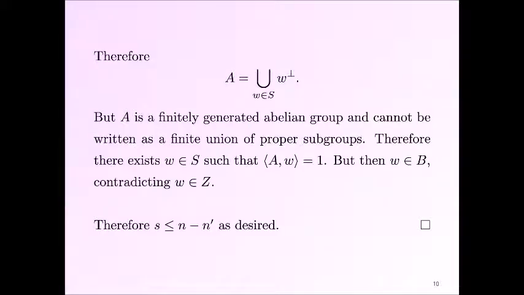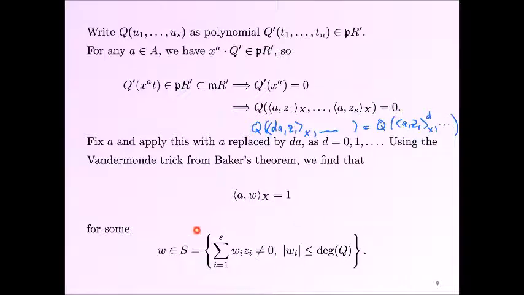Okay, so this was true for any little a and capital A. What we've shown is that for this fixed set S that I've defined, a is orthogonal to some w.